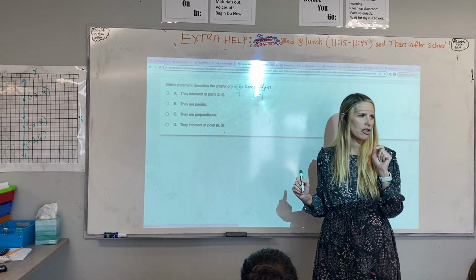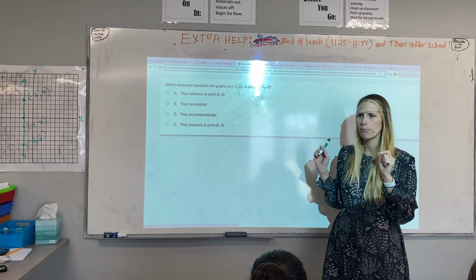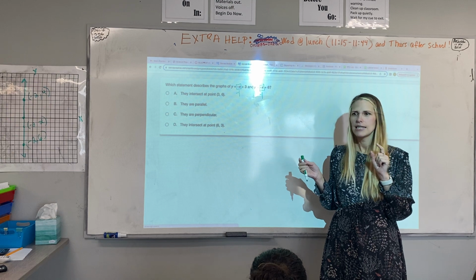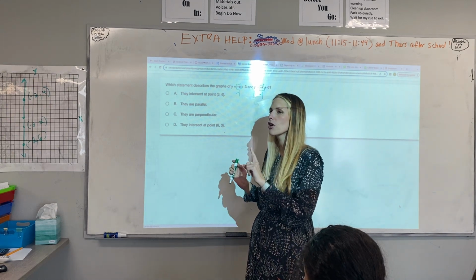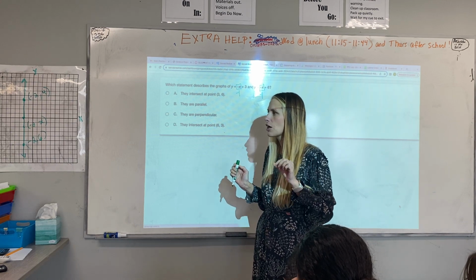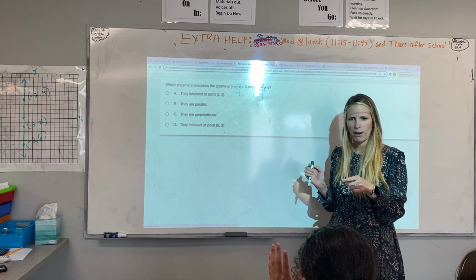It's most likely that they're parallel, but why is comparing the y-intercepts also important? Tell me a situation where the slopes could be the same, but the lines aren't parallel.